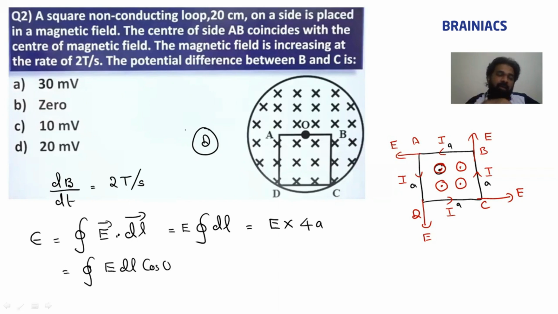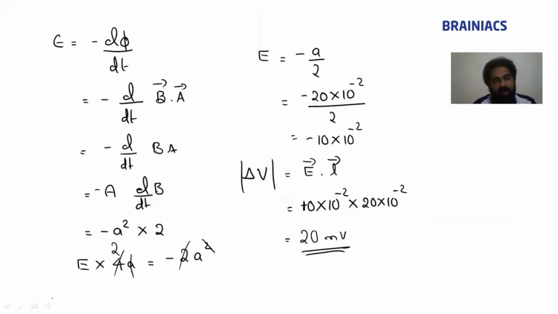So we got E into 4A. Then EMF is equal to d phi by dt. Change in magnetic field is given. Using that, we found another formula for EMF, that is 2A square. Equating these two, we got the electric field. Potential difference is electric field into that length. So we got the potential difference between B and C, or whichever length they ask, we can find it like this. Is it clear? So this is how application of induced electric field can be used.